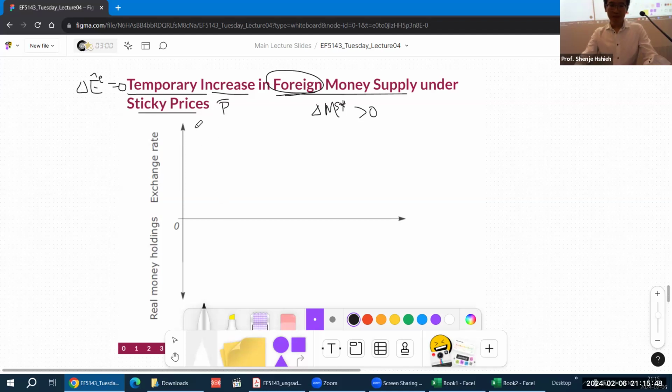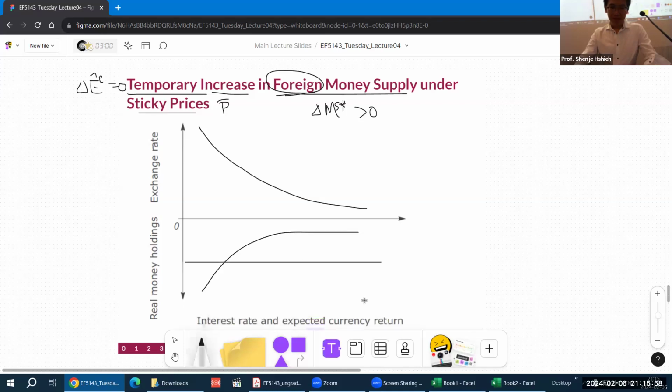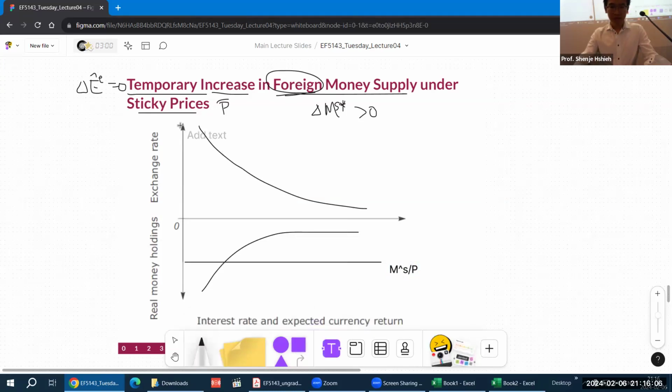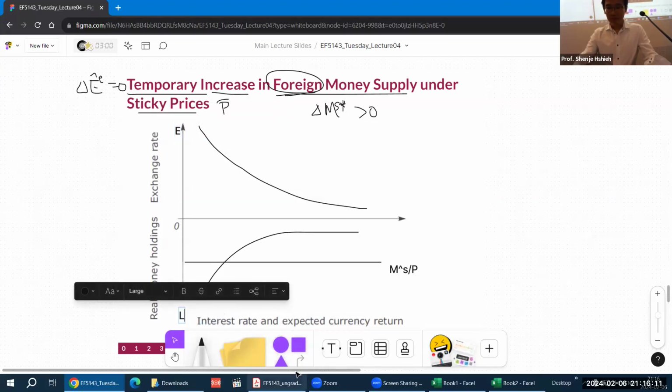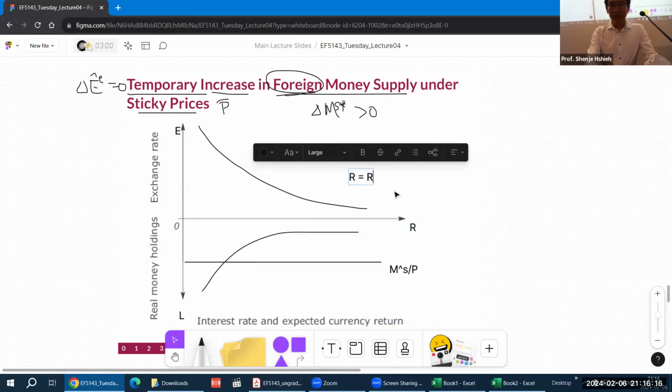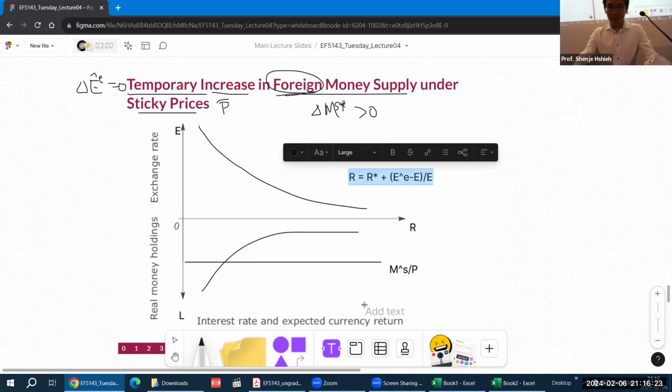I will give you a starting point. You guys take some time and you tell me what has to happen. So here's the starting point. Label the axis. And let me give you the equilibrium equations.